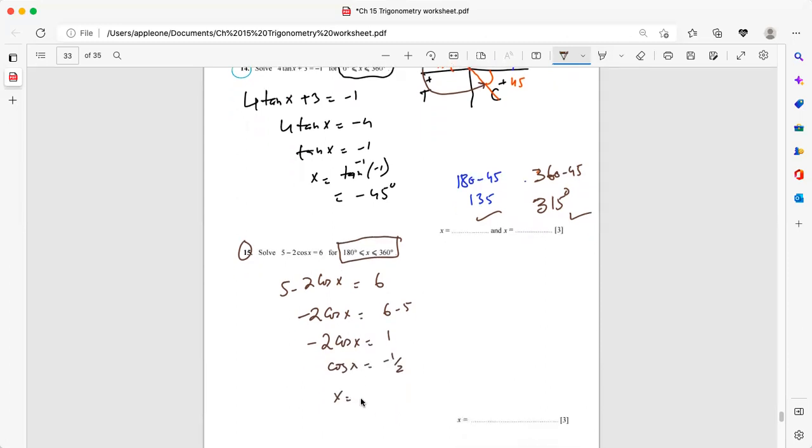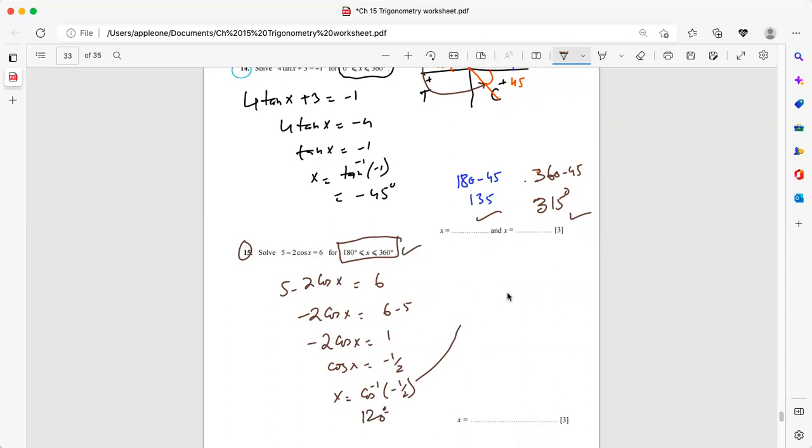Now, x is cos inverse of minus 1 upon 2. Shift cos minus 0.5. So 120 is the answer. The answer is 120 degrees. Now see, they say that the angle should be above 180.